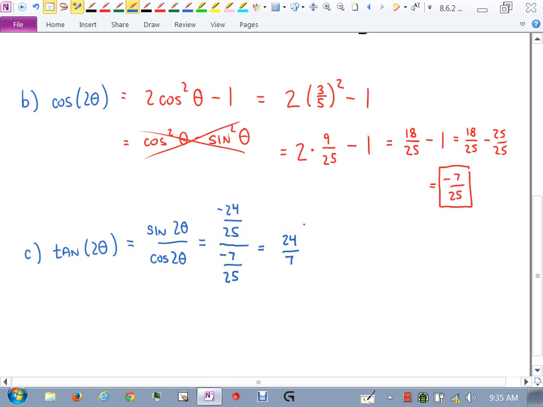And just leave it like that. We want the exact values, so we just leave it as that fraction. Is that okay? Any questions? This, again, will be on the test.